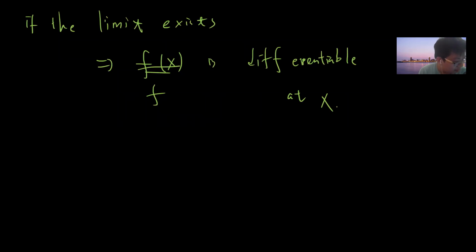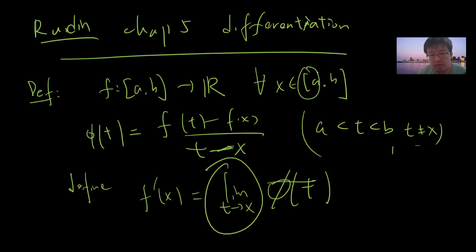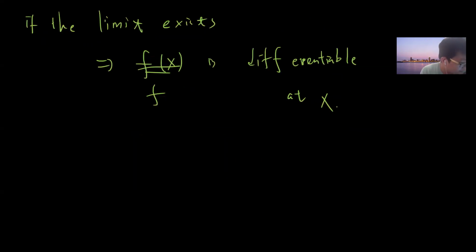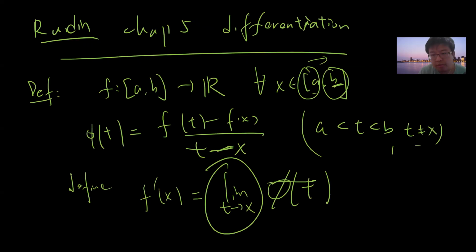More generally, there's a subtlety here: if you are only working at a or b, then at a you can only approach this limit from the right, and at b you can only approach this limit from the left. That is why we define the so-called right-hand limit and left-hand limit derivative for a and b.